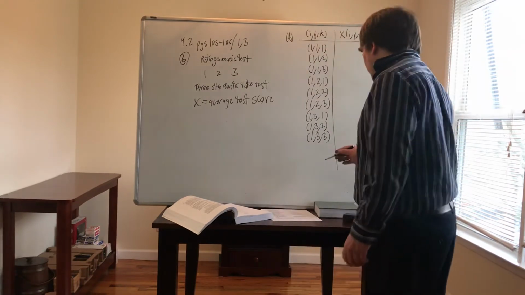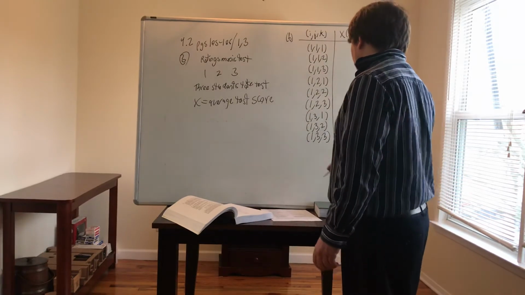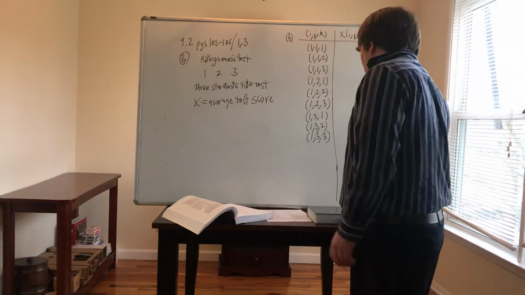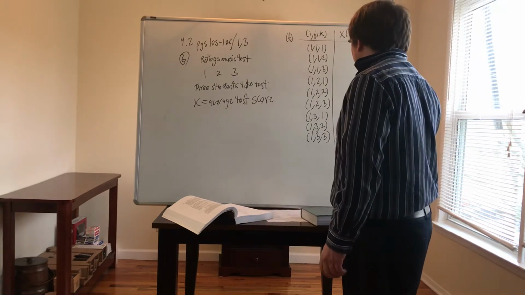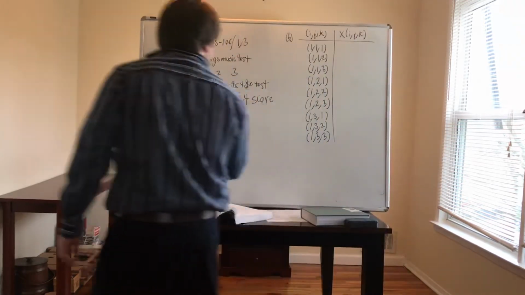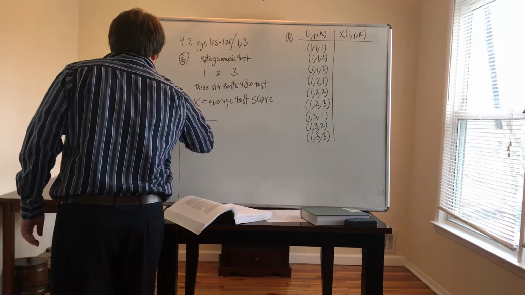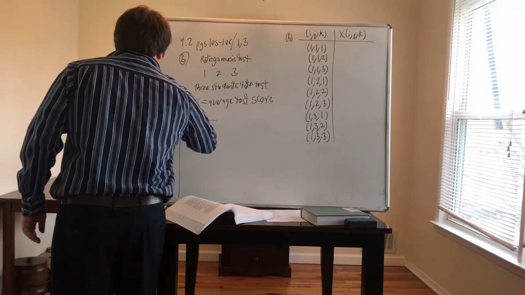Okay, and then that's one starting with 1. There's 9 of them. It's going to be 9 that start with 2. I'm going to split this up into 3 different tables. This table is going to be for these outcomes. This is going to be I. I'm going to continue the table here.